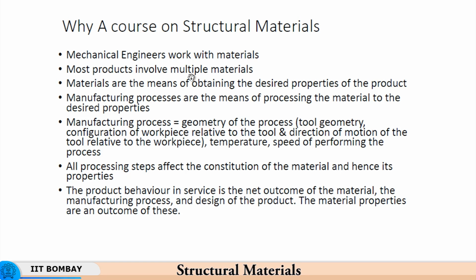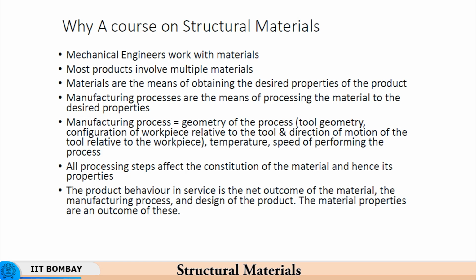Most products which we make are made from multiple structural materials. It's not just one structural material, but multiple. For example, take a bicycle. The bicycle, although largely made from metallic materials, has multiple metallic materials.